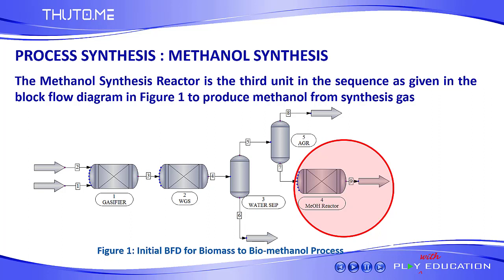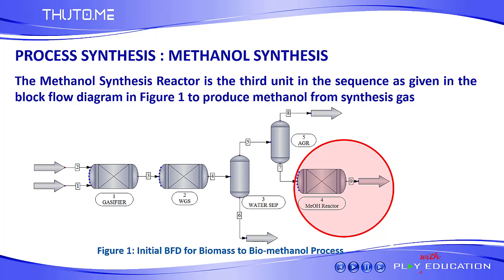I have not looked in detail at the separation of water, which we have said will just be cooling and then using a flash unit to separate the water from the gases. And we did not look at the simulation of the AGR. Remember, the AGR is the acid gas removal, for which we looked at the theory and available options in lesson number 2, but we did not look at the simulation.